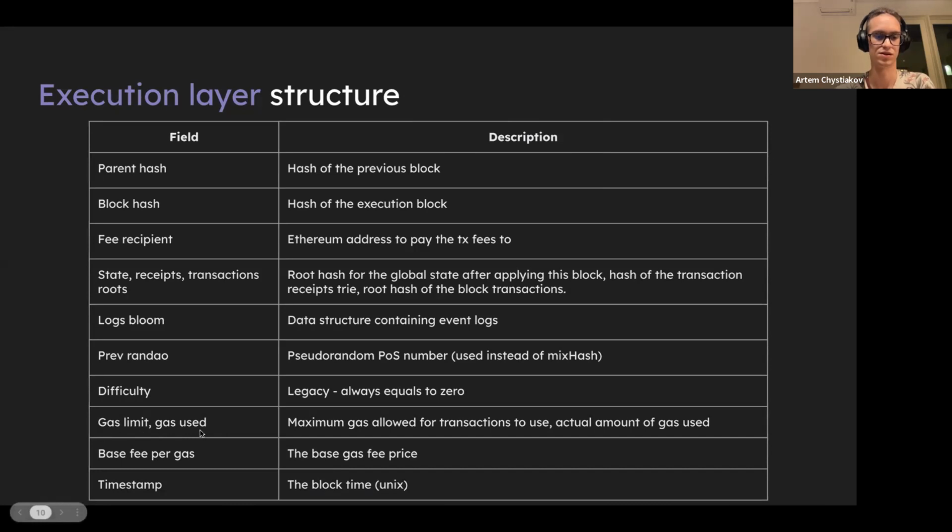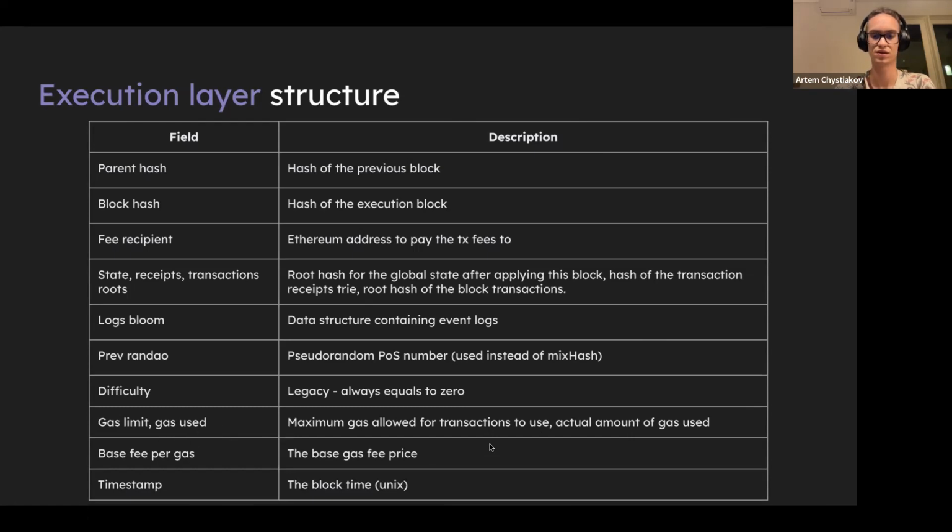Gas limit and gas used fields. The first one is the maximum gas allowed for transactions to use, which, as I have mentioned, right now equals 30 million gas. But for example, Binance Smart Chain has a gas limit of 100 million, so 3 times more than in Ethereum.